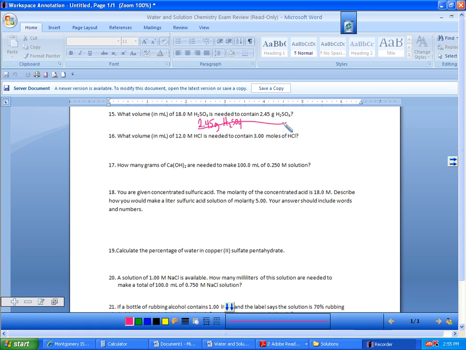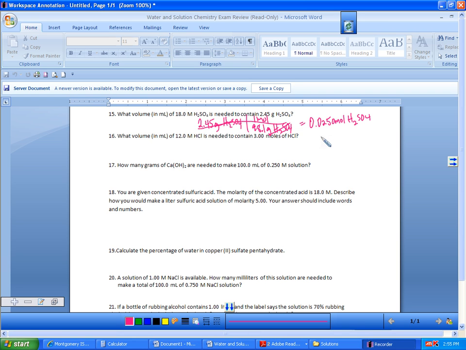I'm going to go to moles. 1 mole is 98.1 grams of H2SO4. So those are going to cancel out, and I found out that I had 0.0250 moles of H2SO4. And they want the volume.